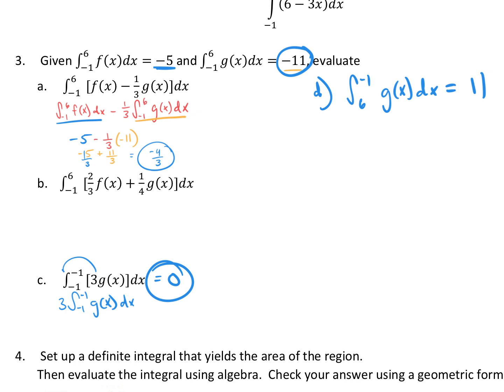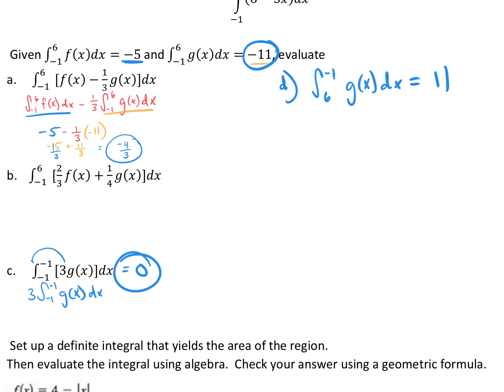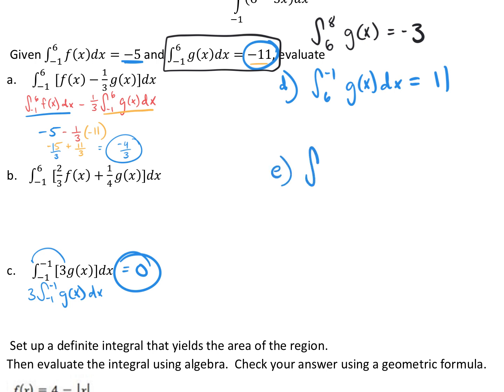So make sure you look back at your rules for these, because these are just properties of our integrals. I'm going to do one more here. Let's say we were given, so we're going to use this one again, from -1 to 6 of g of x, but let's say we were also given that from 6 to 8 of g of x is equal to -3. And let's say for question E, it asks us for the integral from -1 to 8 of g of x.